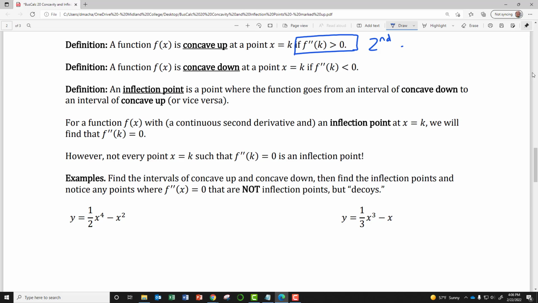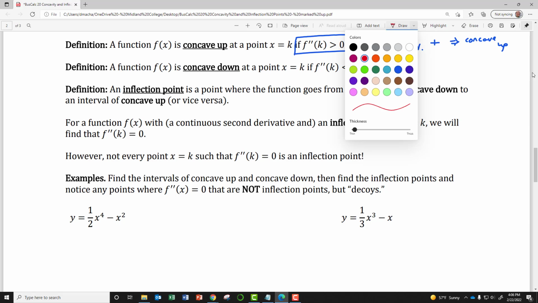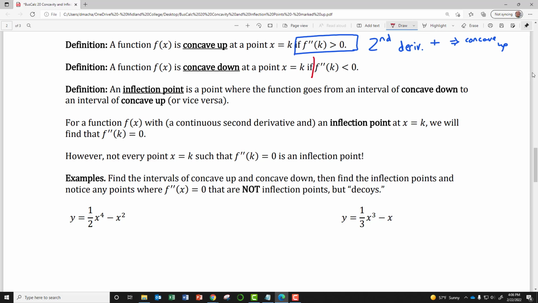So I'll write that out: second derivative is positive. That implies we're talking about concave up. And likewise, we say that it's concave down if the second derivative is negative. So negative means we are concave down.